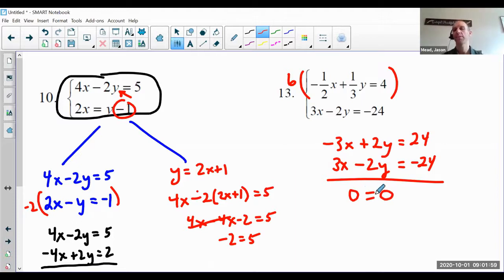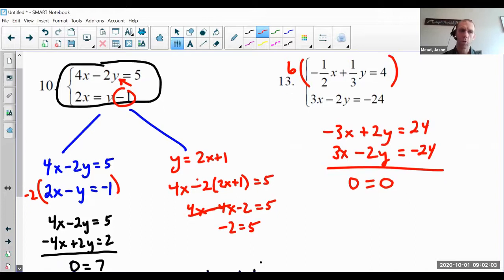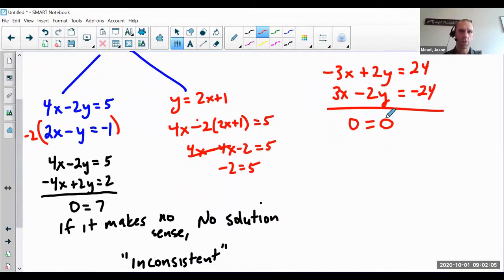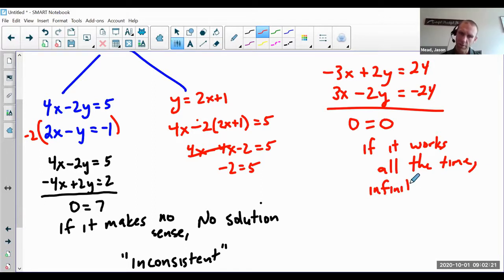So if I get 0 equals 0, that works all the time. Like 0 always equals 0. So if I get rid of all of the variables, and it works all the time, infinitely many solutions.